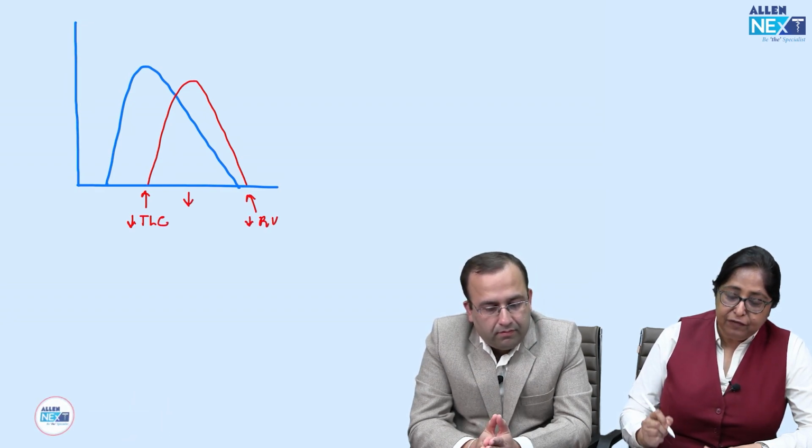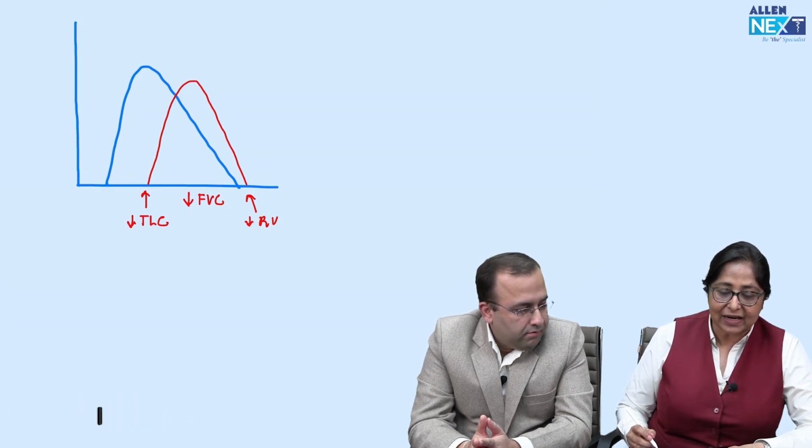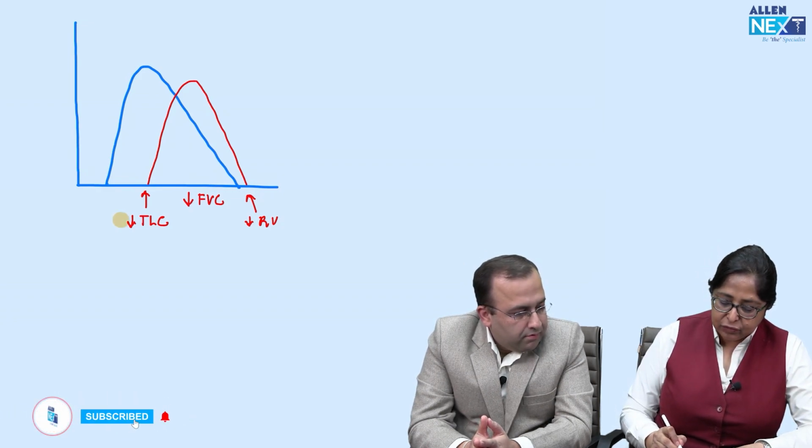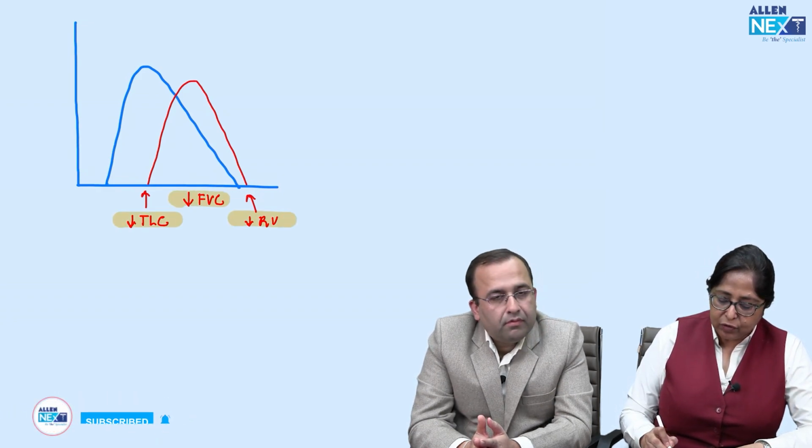Restriction in lung expansion, so a reduction in total lung capacity, reduction in residual volume, and the width of the curve is definitely reduced. So a reduced forced vital capacity. You've got a reduced total lung capacity, reduced lung volume, reduced forced vital capacity, but the height of the curve is less affected as compared to obstructive lung disease.